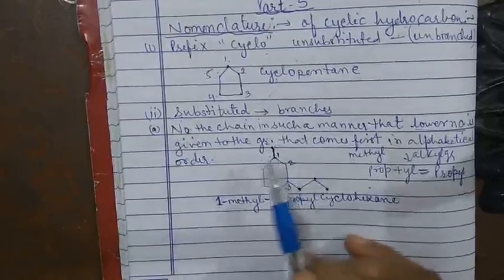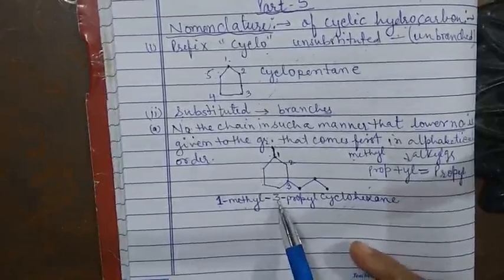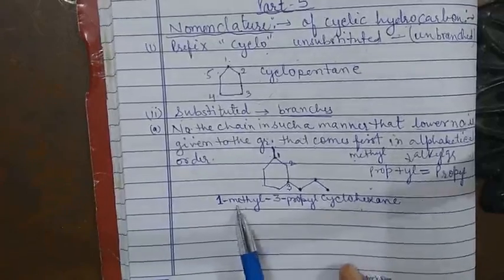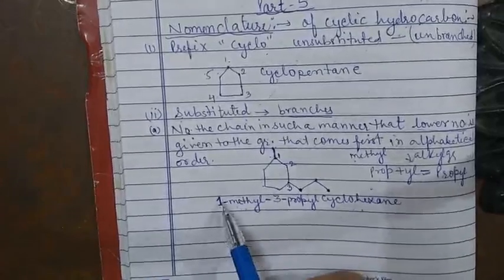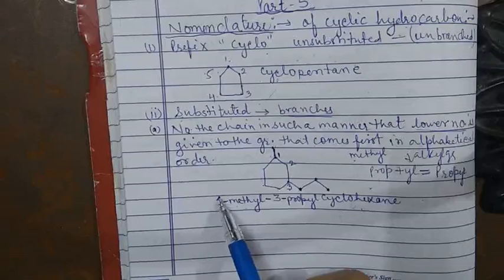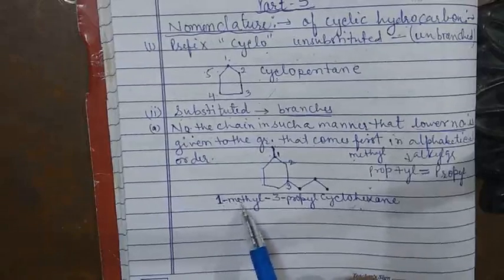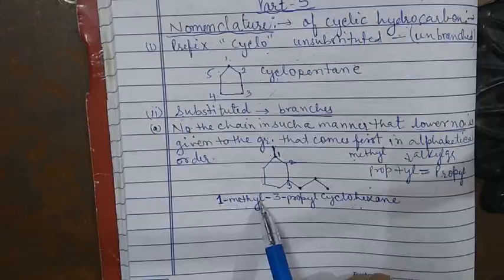So the name of such an organic compound is 1-methyl 3-propyl cyclohexane. Now this is the rule that after the position, after the number, we have to put a dash, then the name of the alkyl group, which is methyl.